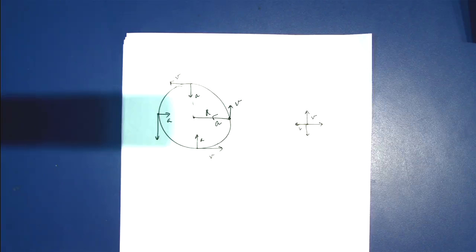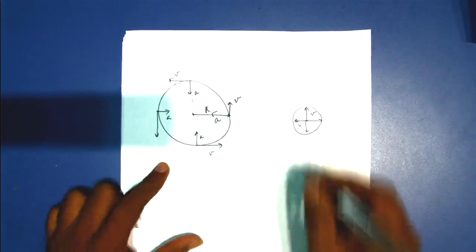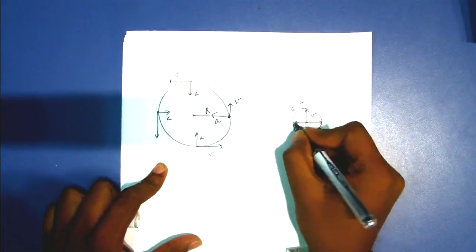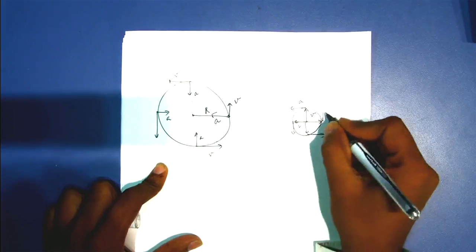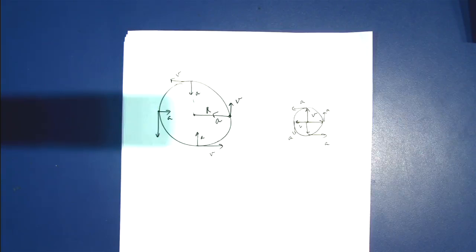This makes sense? Now consider my velocity circle. Here, a points like this, still perpendicular to v. Everyone follow?